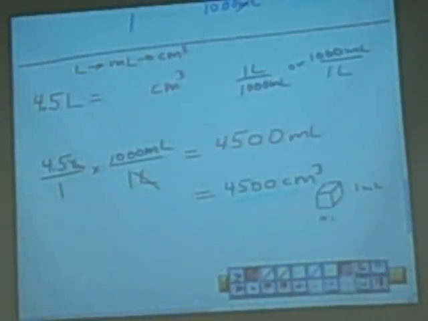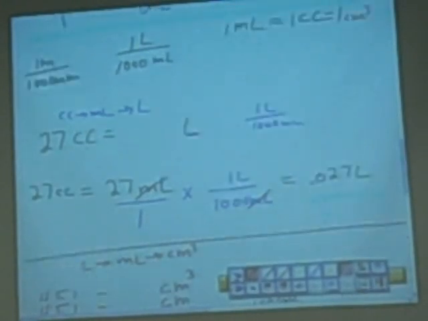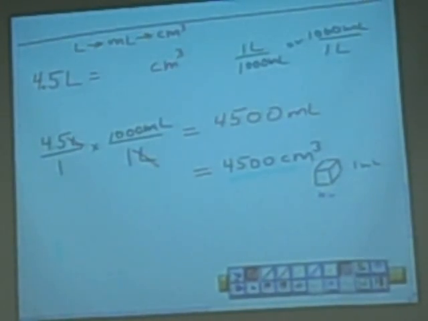So 1 milliliter is equivalent to 1 cubic centimeter, and that's equivalent to 1 cc. I'm not 100% sure that cc means cubic centimeters, but I would say it's a pretty good guess that it probably is.